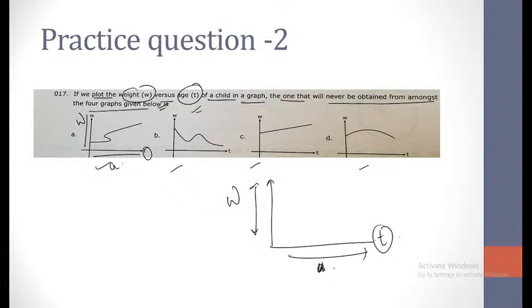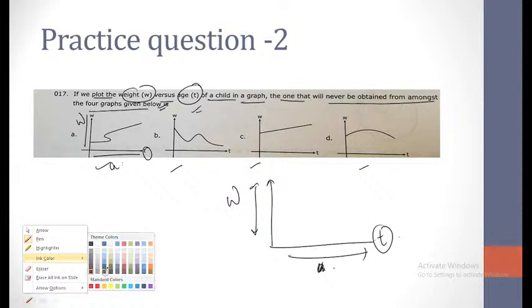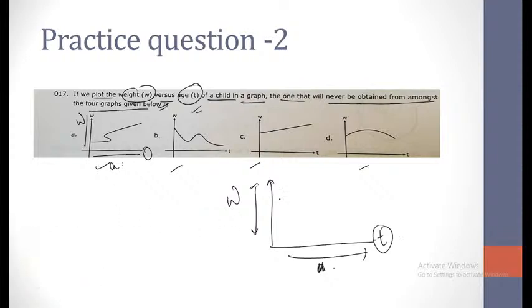Try to give the logical understanding, try every single logic which you can apply in this question, and then I'll tell you how to solve this type of question. Give it a try. The question is, you have a scenario in which the graphs are plotted depending upon weight and time. On the y-axis we have weight, on the x-axis we have time.